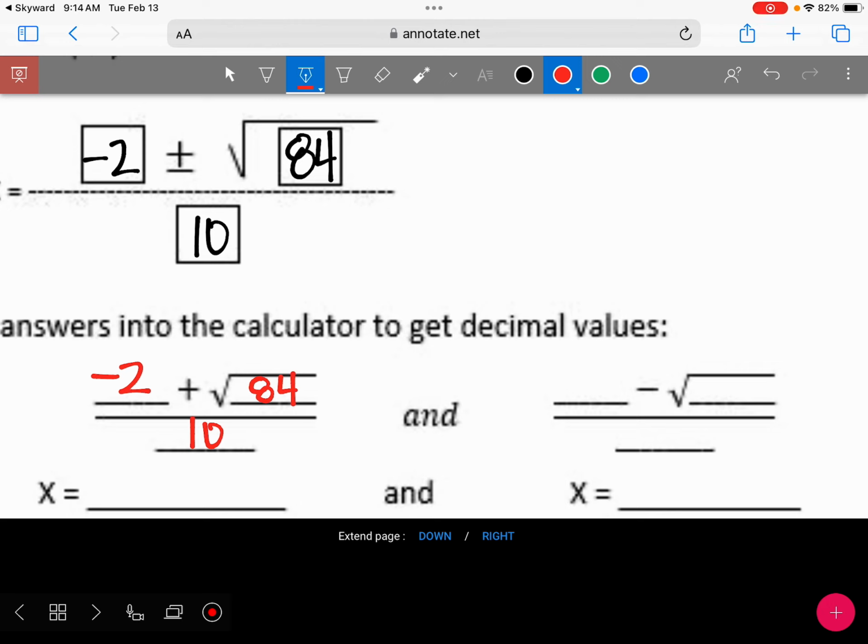There is a key on your calculator that looks like this. I want everybody to find this button. Does everybody see that button on your calculator? This stands for numerator, denominator. Hit that first. And then I want you to type it in just like that. -2 plus square root of 84 over 10.